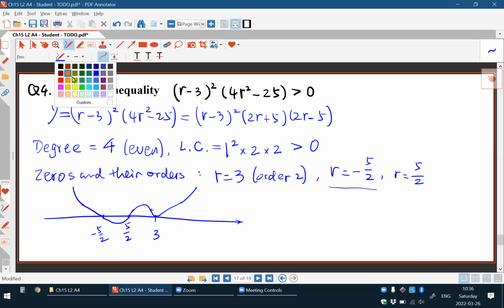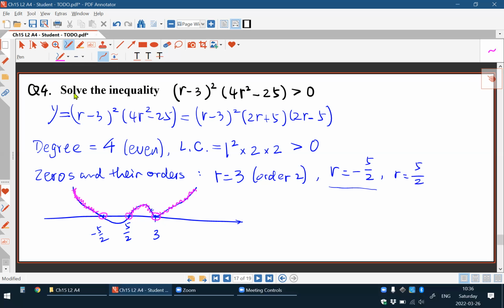Then our task is to find an interval that makes this function greater than 0, right? And it's easy to see that this interval can make this function greater than 0. This interval will do, and this interval will also do, except at these zeros, because at these zeros the function simply equals 0, not greater than.